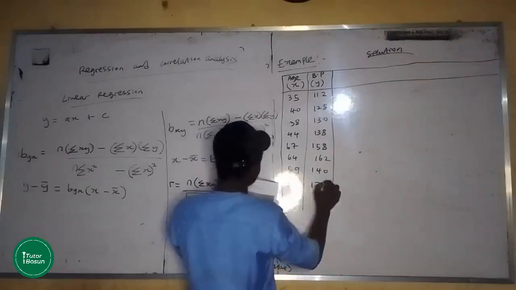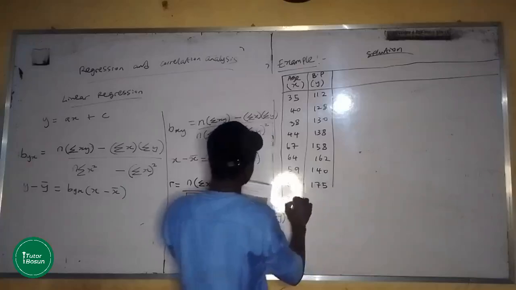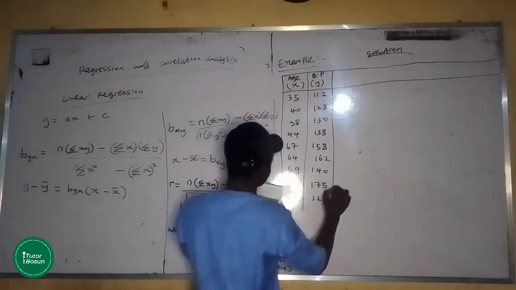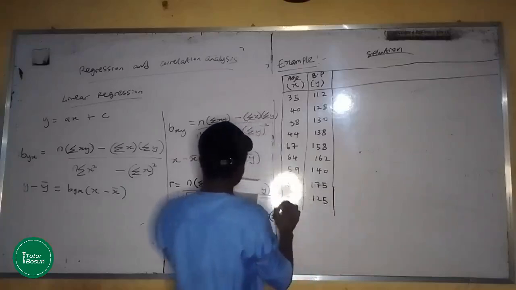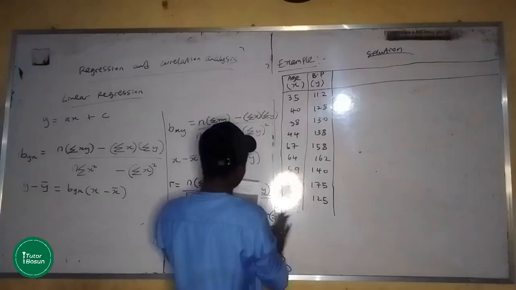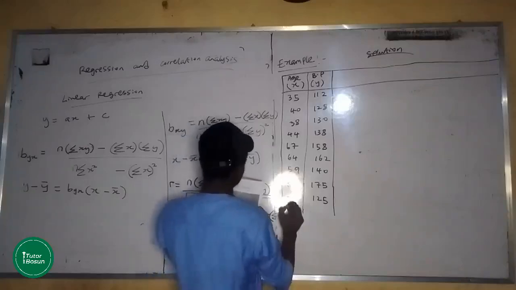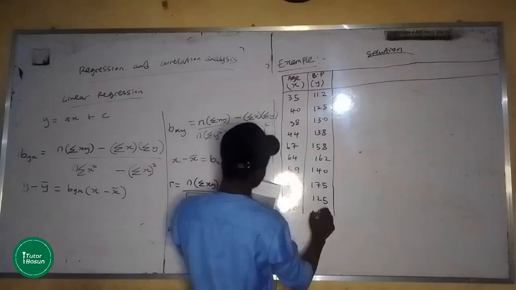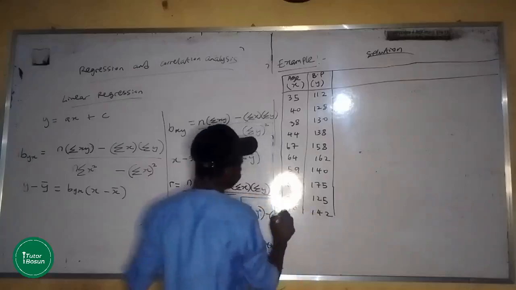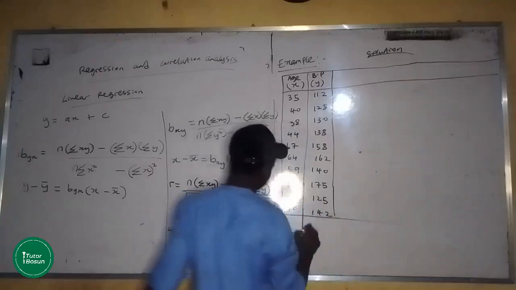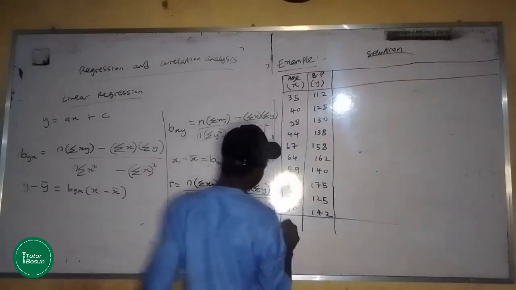This is 175. This is 25. This is 125. And here we have 50. Here we have 142. So we can have our totals. This represents our totals.